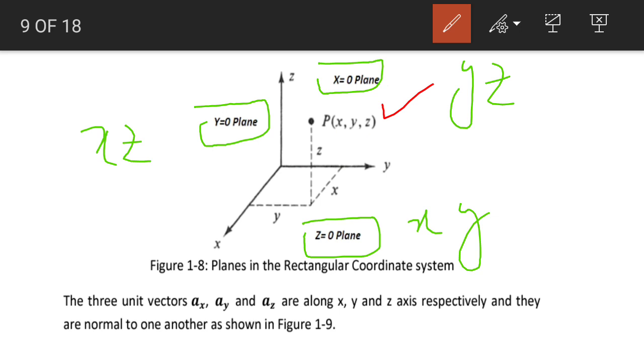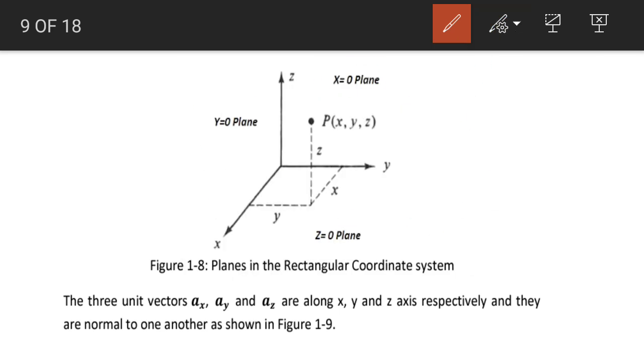So we want to find out the location of this point in the rectangular coordinate system. What we do, we take the x coordinate of this point along the x-axis.